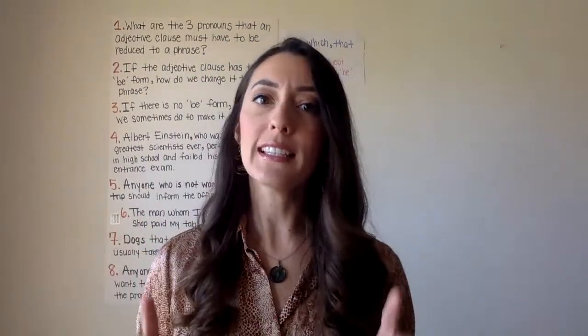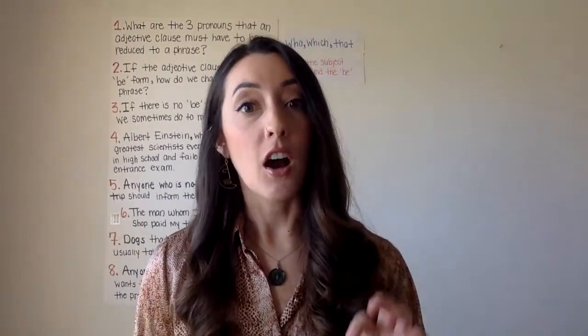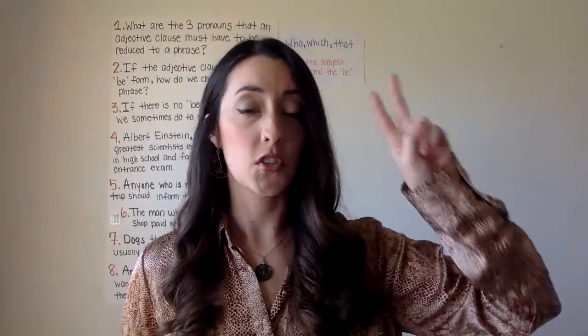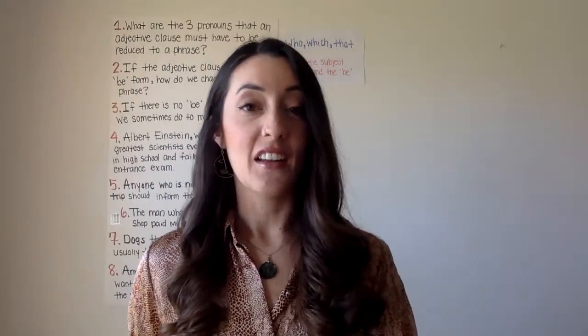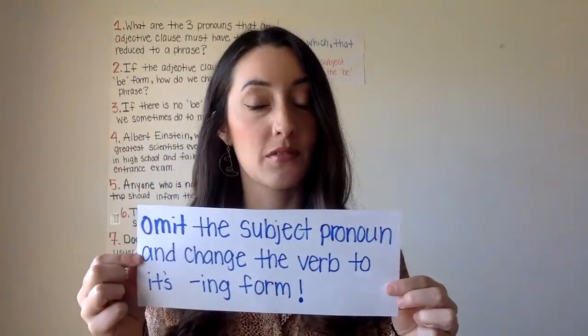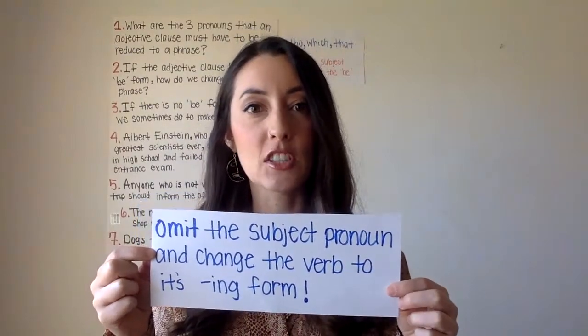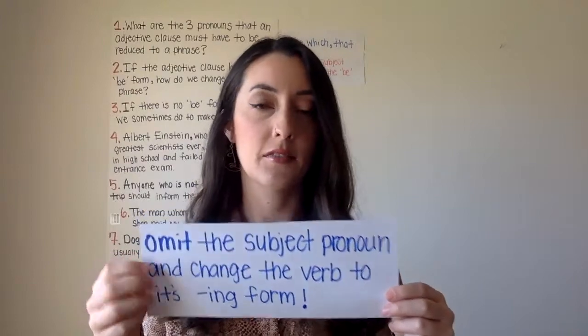We can't only add ing. We also need to omit the pronoun, okay? So there's 2 steps. So don't forget both steps, all right? Not just adding ing, but deleting the pronoun and adding ing to the verb. Both of those. If you only add ing to the verb, it won't make sense.